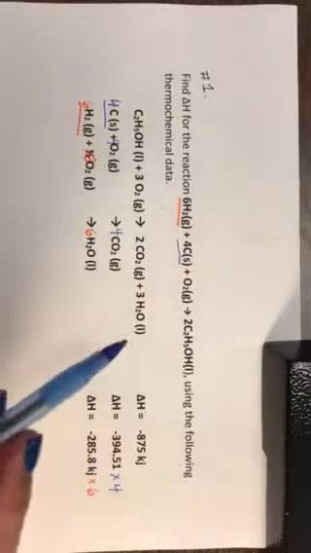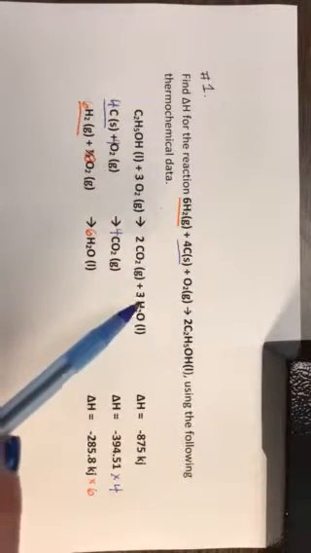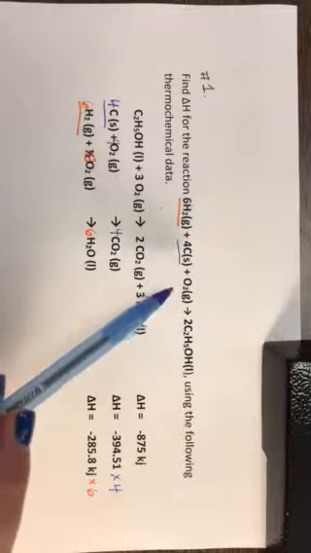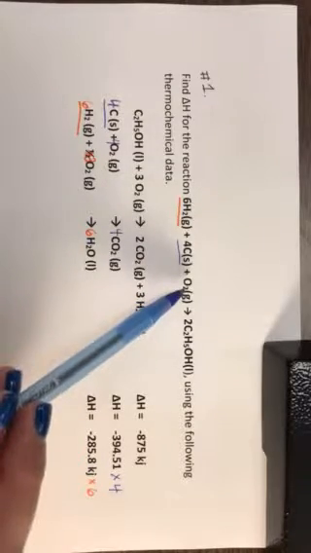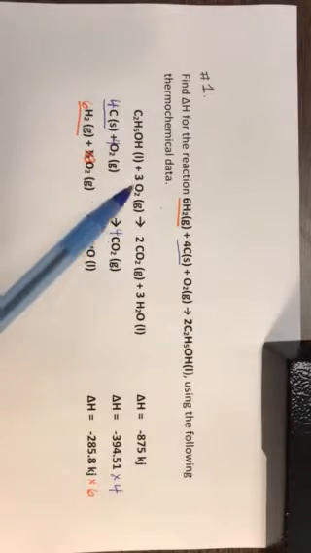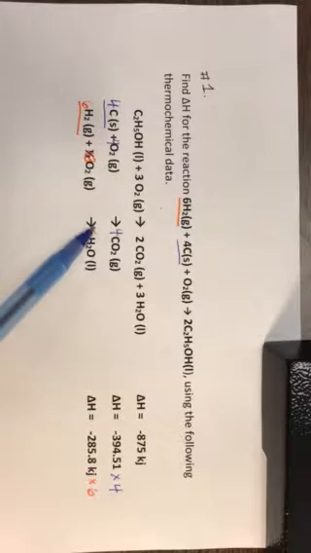Now, sometimes what will happen in these problems, you'll get to a reactant or a product, and you won't quite know how to accomplish it down here. So this is one of those situations where you know you need a single oxygen without any coefficient in front of it, but you don't really see one down here. And we can't change these really besides adding coefficients or multiplying or flipping.